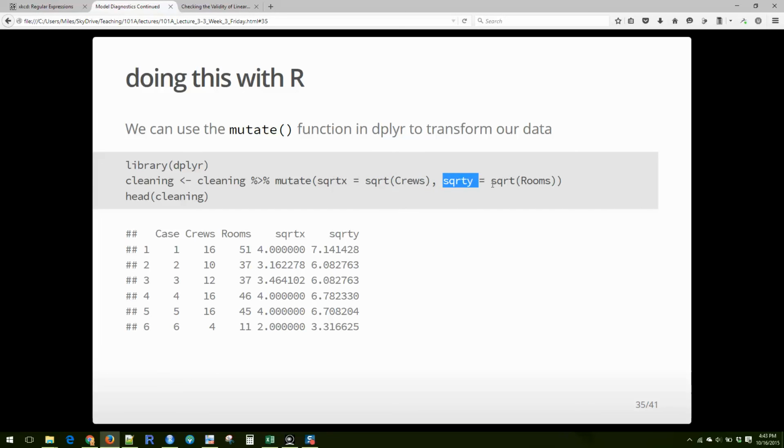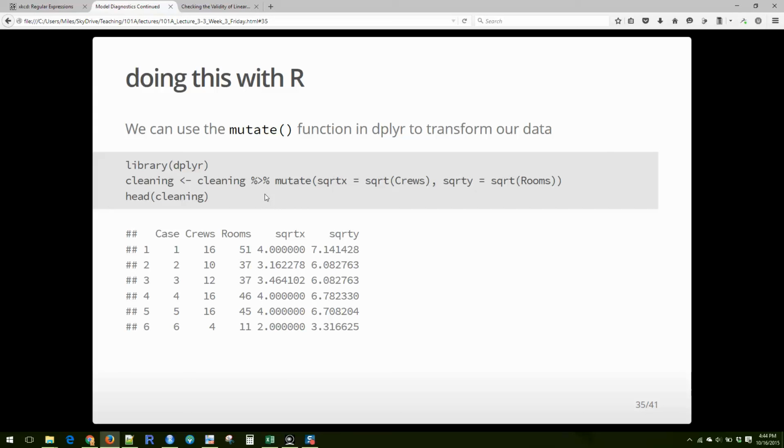For square root y, take the square root of the rooms column. We could name these whatever we want. I called them square root x and square root y, but if you wanted to call them crews SQ and rooms SQ, that's totally fine as well. And so we see, square root of 16 is 4, square root of 51 is 7.14.